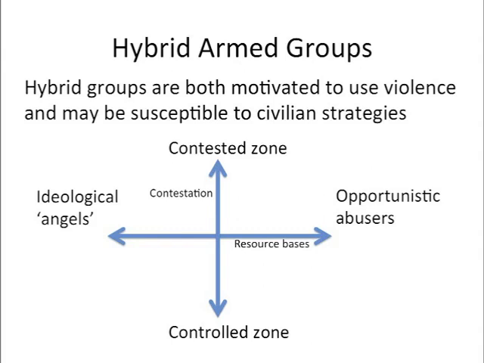And so you could think about groups that are hybrid being groups where strategies might most affect the use of violence. And this could be because these kinds of groups both have some motivation to use violence, so they're not purely ideological or they're not in a purely controlled zone. And they also may be susceptible to civilian strategies.